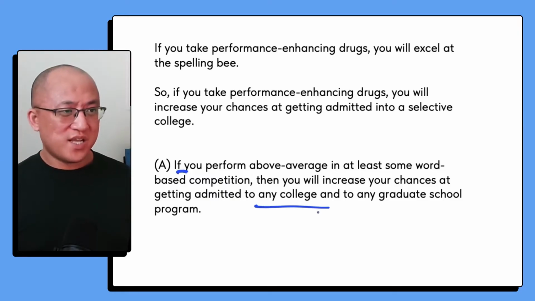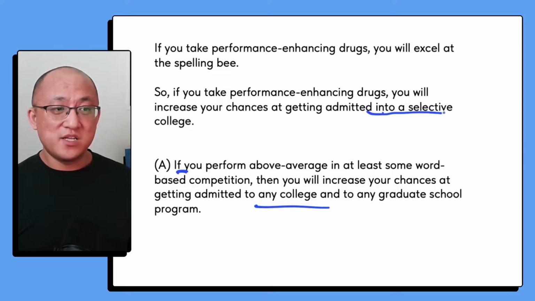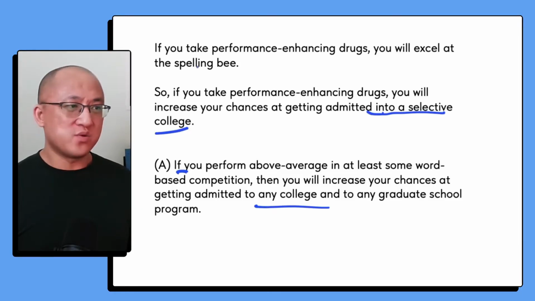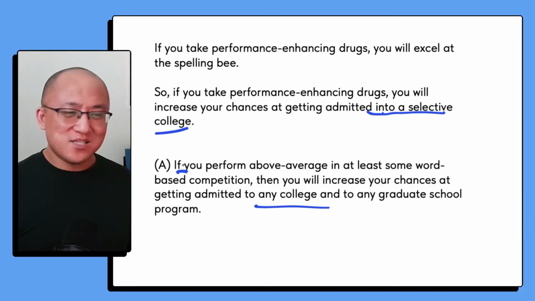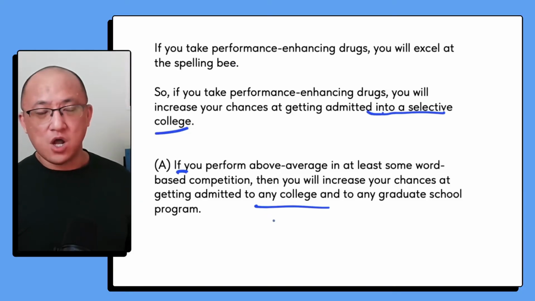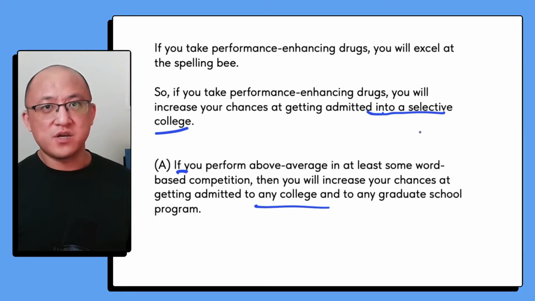And if you increase your chances at getting admitted to any college, well, that would include getting admitted into a selective college. So that's how this answer choice is going to make this conclusion valid. If you take performance-enhancing drugs, you'll excel at the spelling bee, and that's going to trigger the first half of A, which then means you will increase your chances at any college, which then means you increase your chances at a selective college. There you go.